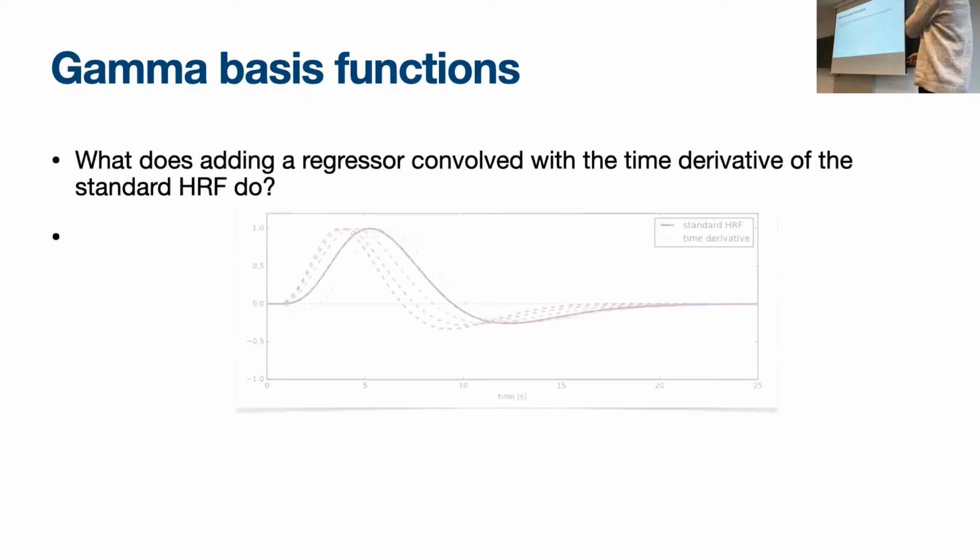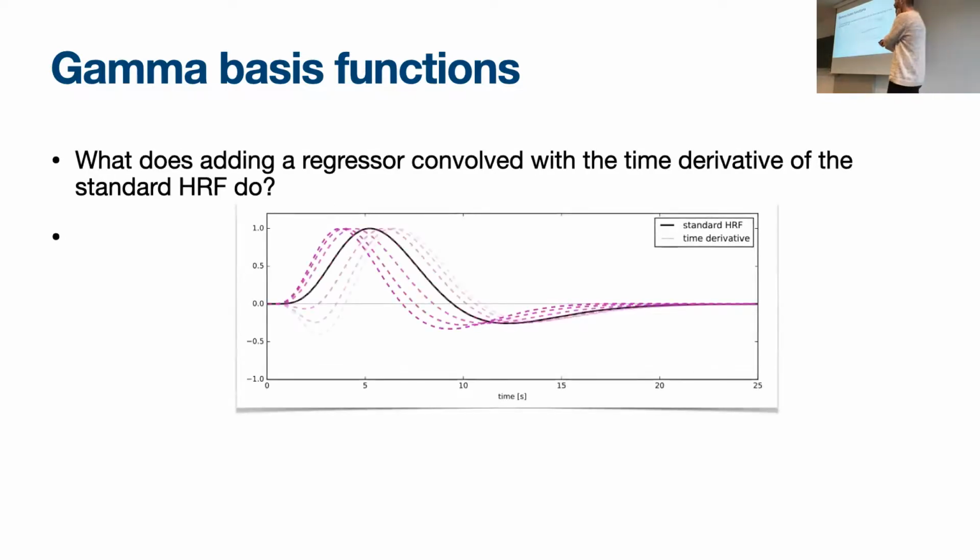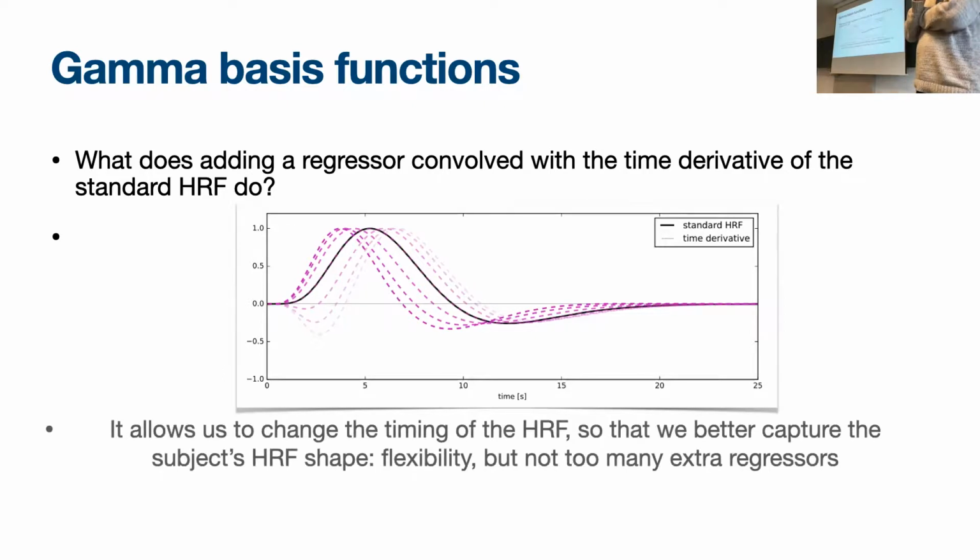And so this is the type of thing that you would get if you were to do that, right? So you're able to shift the shape of the bold response to the left or to the right. And that's more or less this difference that we already saw in the data also, right? So you can see this as a very simple way of getting to those different shapes. Okay?